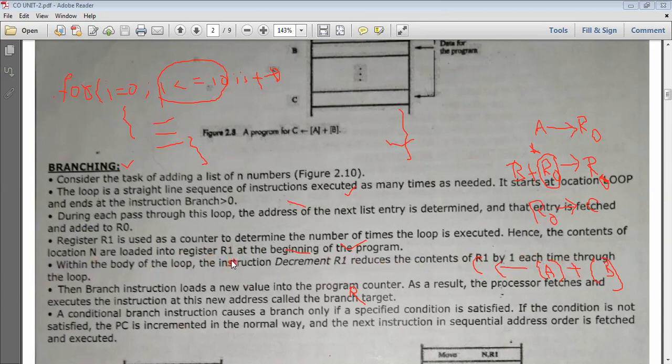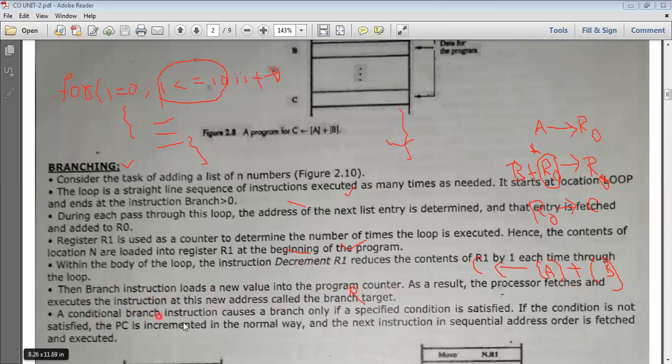The branch instruction loads a new value into the program counter. So the program counter helps us with the program execution flow. As a result, the processor fetches and executes the instruction at this new address, called the branch target.